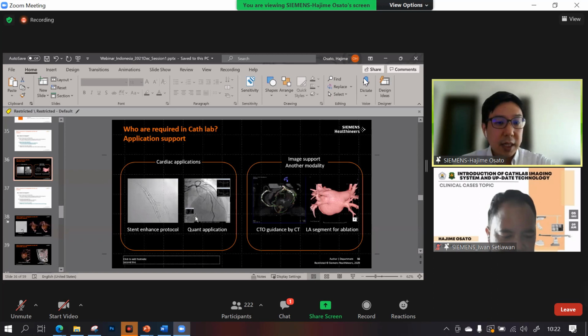So we have a specialized certificate for the IVR radiographer in Japan. It expires after 5 years, so we need retesting and also to resubmit reports to the society. So it's a different environment from Indonesia. In Japan, we have a specialized IVR education and certification protocol.